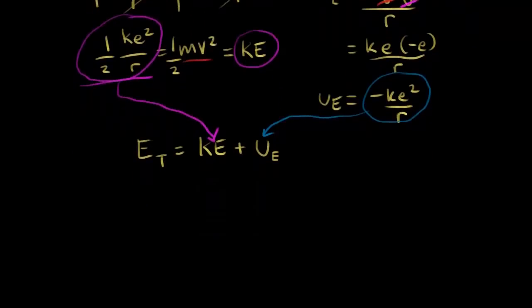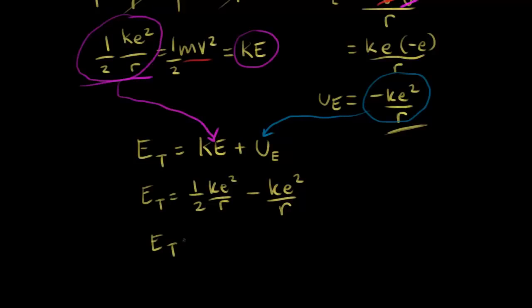So we'll get some more room. The total energy is equal to 1/2 Ke squared over R, our expression for the kinetic energy, plus, and then we have a negative value, so we could just write minus Ke squared over R. If you think about the math, this is just like 1/2 minus 1, and so that's going to give you negative 1/2. 1/2 minus 1 is negative 1/2.